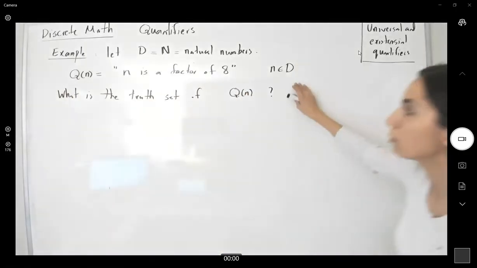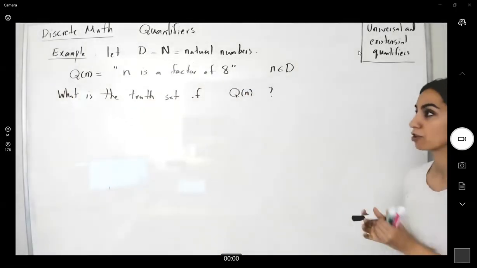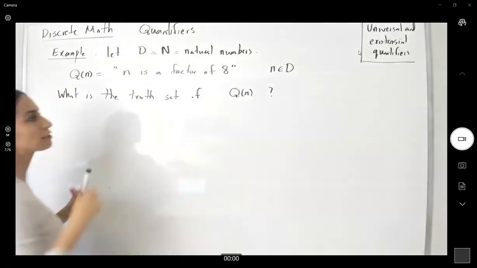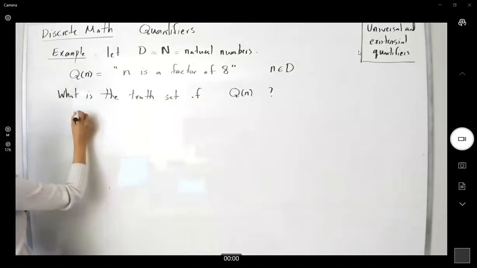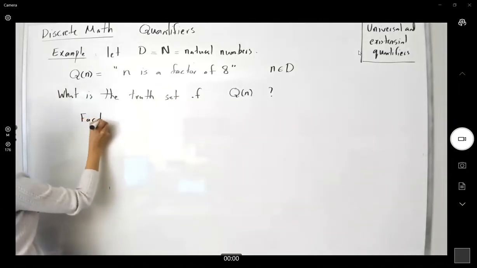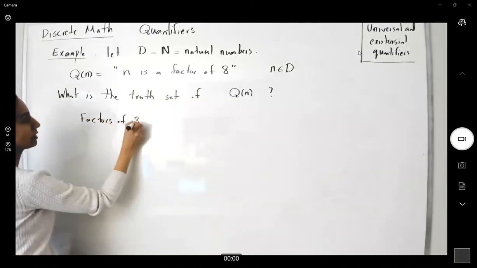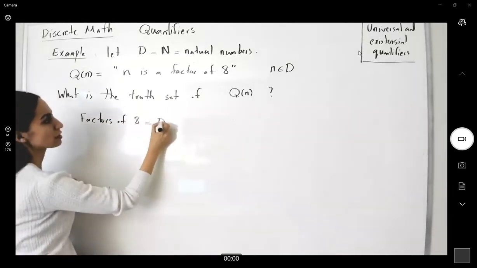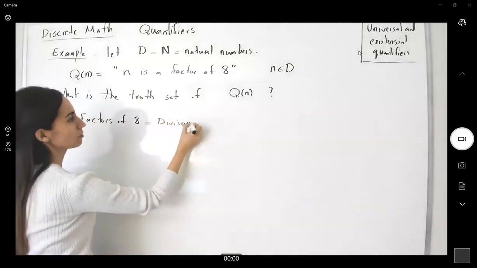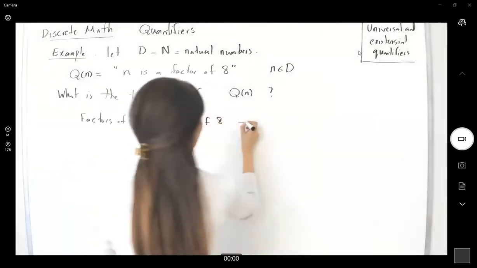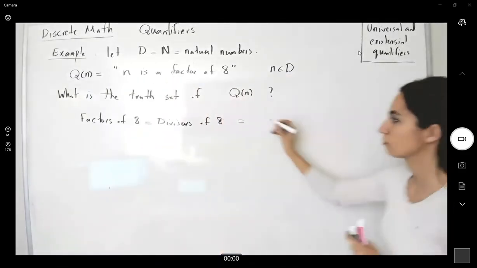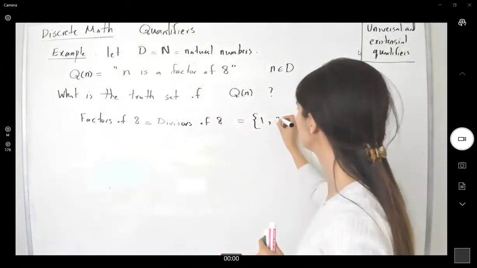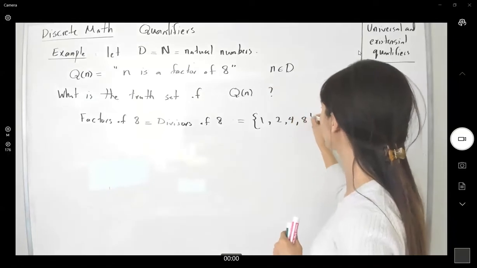Very well. So the domain is just N, the natural numbers, and we're looking for the factors, or divisors, of 8. They are equal to the set of 1, 2, 4, and 8.